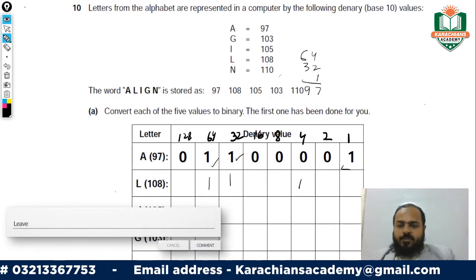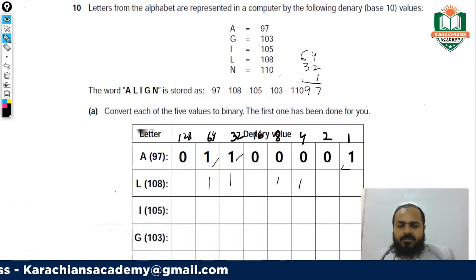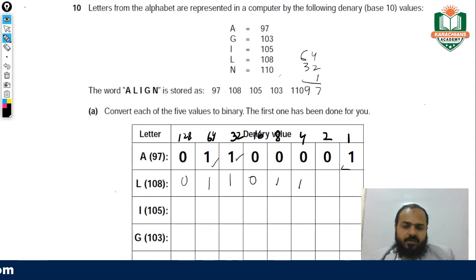So 96 plus 4 is now 100, and we power on 8. Now the rest of them we place 0, because we have got our required value.